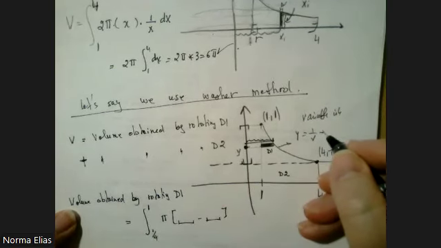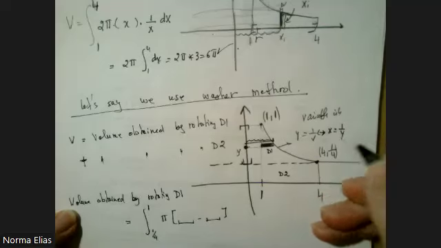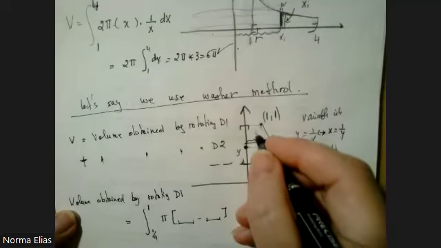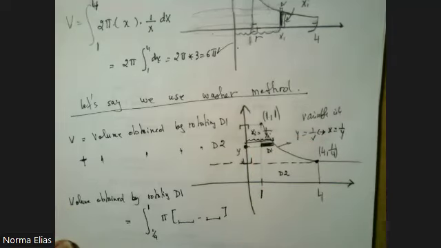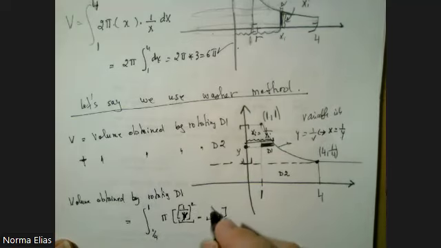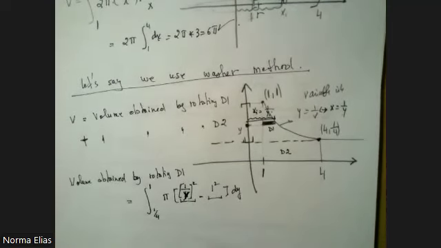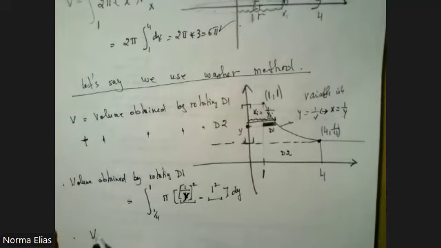To do that, I need to solve for x in terms of y. Because of the nature of the function, x here is 1 over y. So this would be (1 over y) squared, 1 over y squared, minus the inner one, which is 1 squared, dy. Okay, and then I will have to do that. So that's for D1. Now the volume for D2.